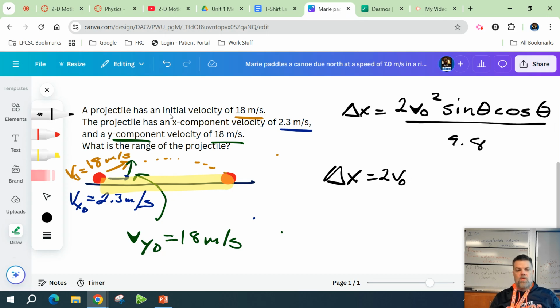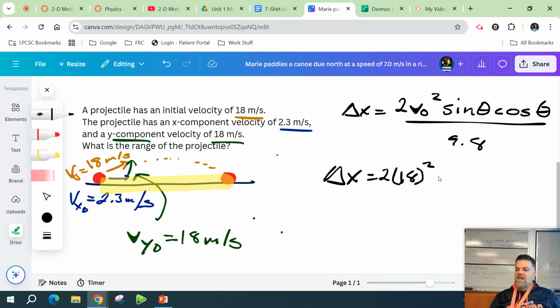Velocity squared. Oh, wait, we know what the velocity is, right? The velocity is the, wait, they're both 18? How can they both be 18? There's some rounding there that's not quite right, but that's okay. So it's going to be 18 squared.